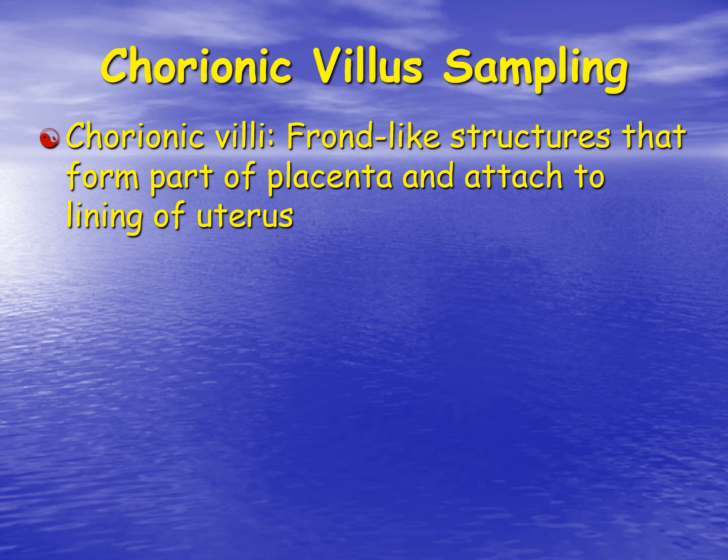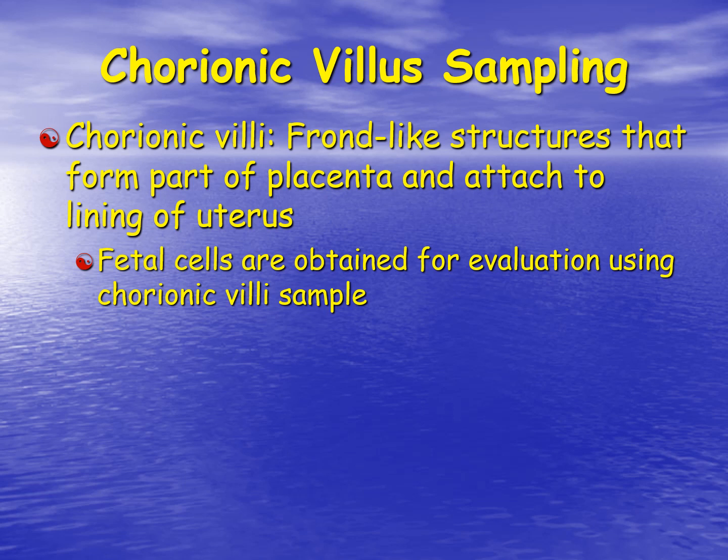Chorionic villi, this is the frond-like substance that is actually produced by the extraembryonic membrane that actually interdigitates into the endometrial wall of the uterus to form the placenta. So fetal cells or embryonic cells actually give rise to the chorionic villi.